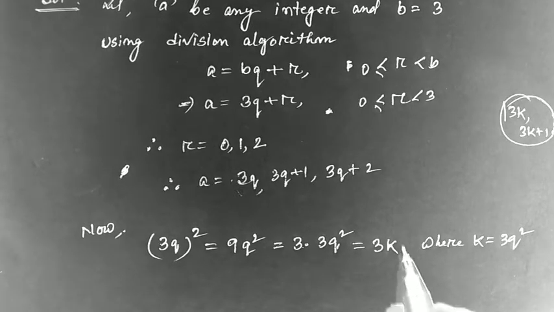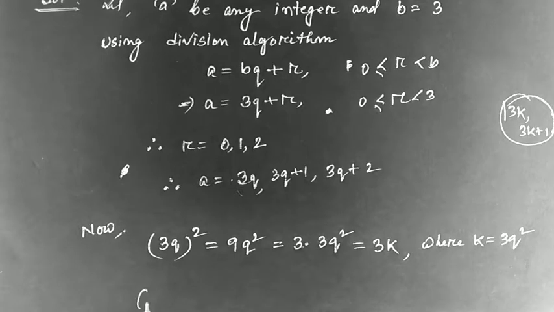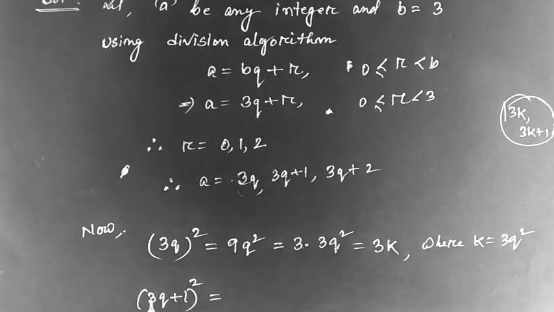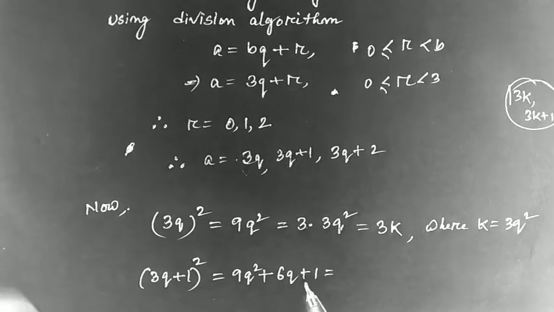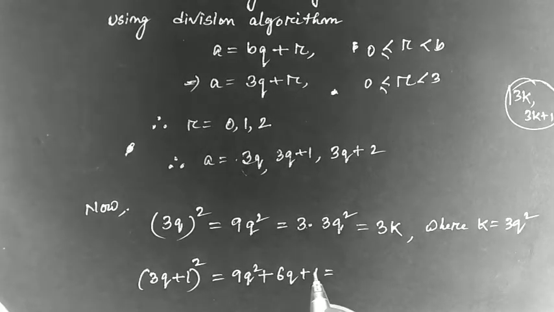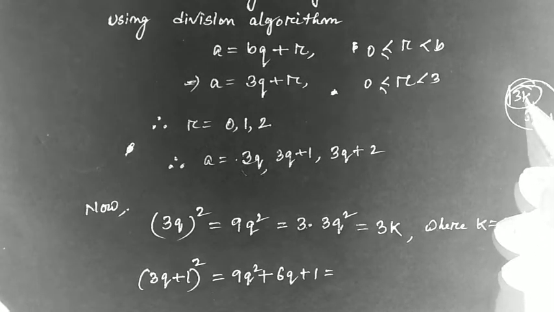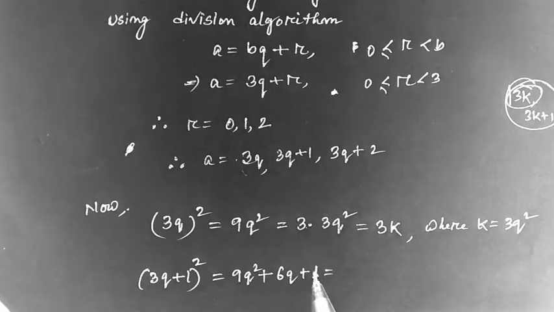So let's say second integer is 3q plus 1 whole square. So it is a plus b whole square. A plus b whole square means it will be 9q square plus 6q plus 1, no? A plus b whole square, you know it very well. So in this case we can't prove it as 3k directly because 3 is not common from all the terms. So from these two terms we can take 3 common, no?